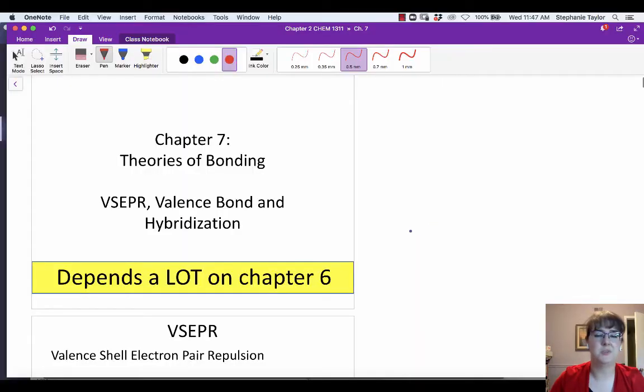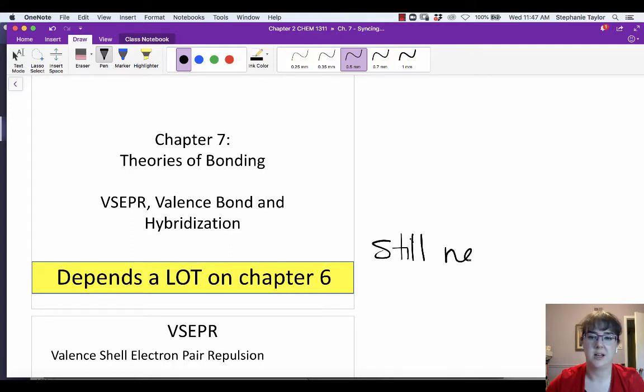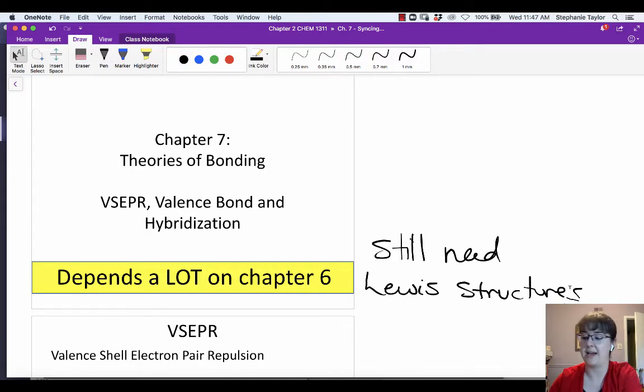Now, do notice that this depends a lot on chapter 6, so you are still going to need your Lewis structures. So don't forget those Lewis structure skills that you already have. This is also a time where your nomenclature can come back, because we could tell you about a molecule in words and then ask you to tell us information about it. So all the skills you've brought before, keep them coming.